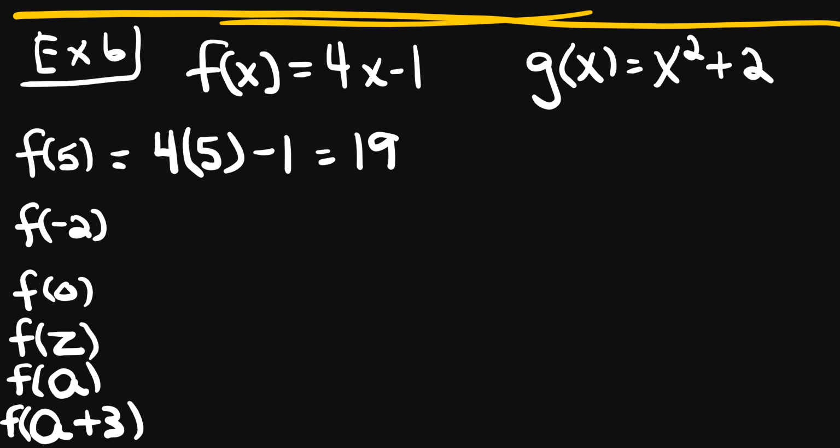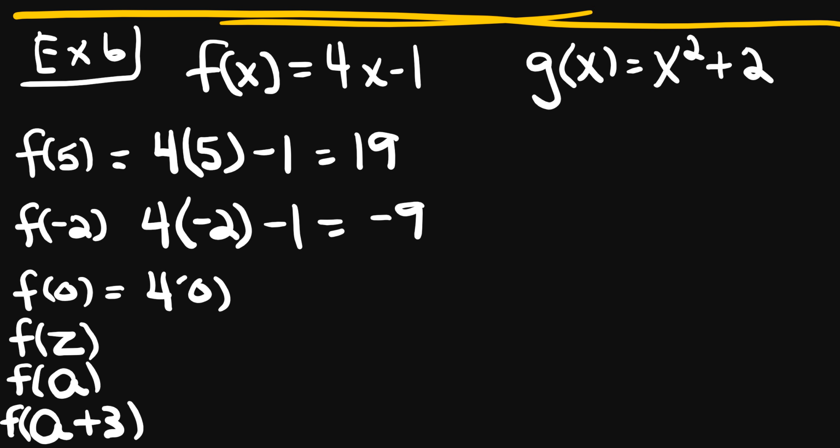And if I do that, it's going to be 4 times negative 2 minus 1. And that's negative 8 minus 1 is negative 9. Okay, here's my favorite one, f of 0. And plugging in 0 for that, it's 4 times 0 minus 1, and that's going to give me negative 1.